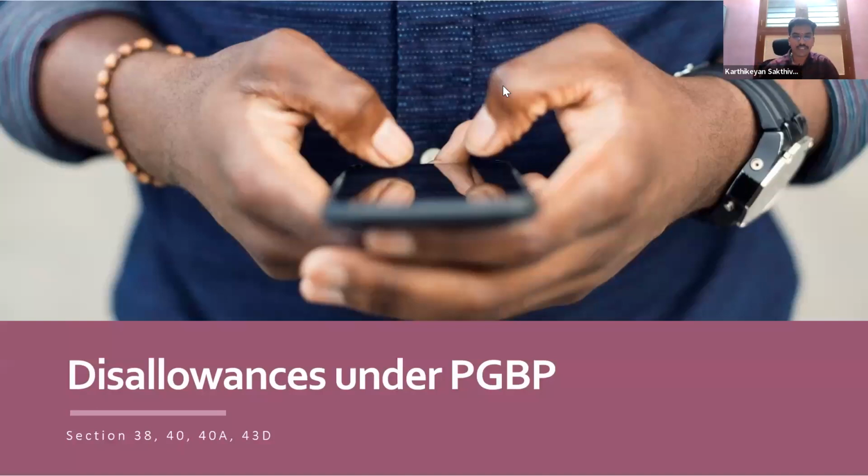As far as the disallowances part of PGBP is concerned, wherever there is an allowance, the opposite is disallowance, right? If there is an allowance and certain conditions are not satisfied, they say that this expenditure cannot be allowed for purposes of the Income Tax Act.